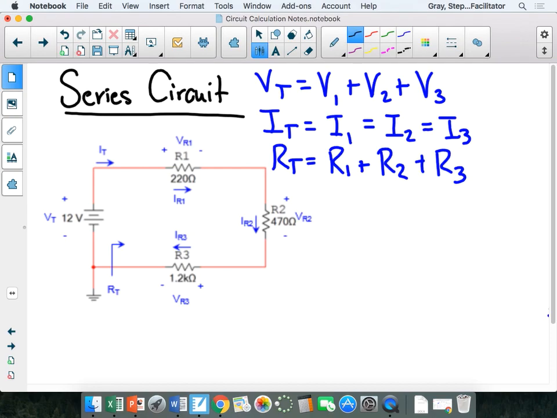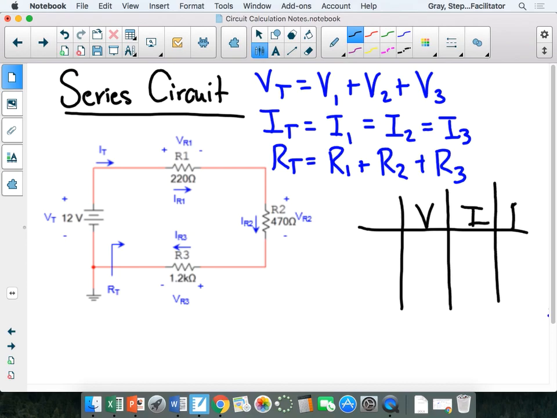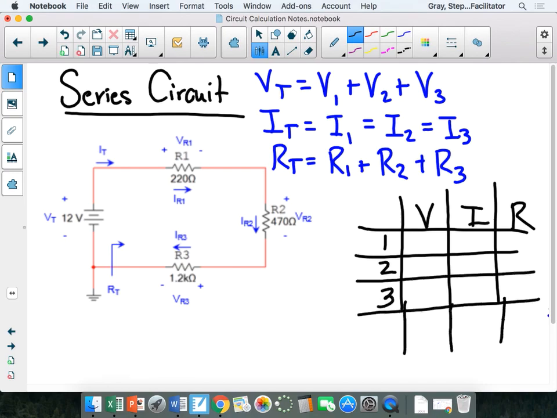So we're going to make a chart for this, and I always just make a V equals IR chart, kind of like that. And I've got 1, 2, 3, and a total. Okay, so I've got a 1, a 2, a 3, and a total down here.